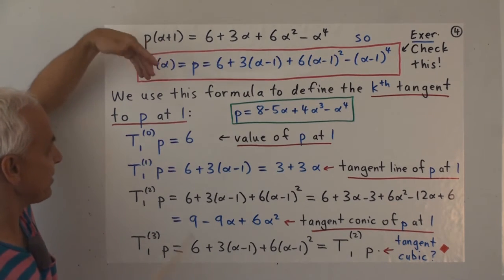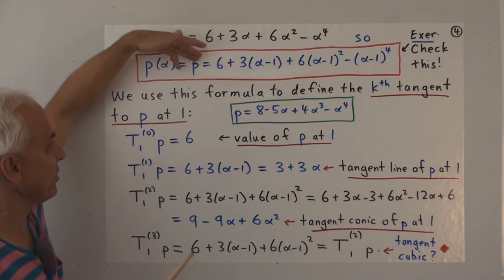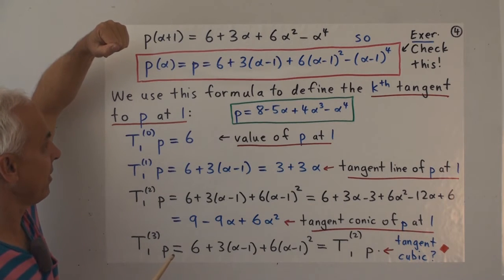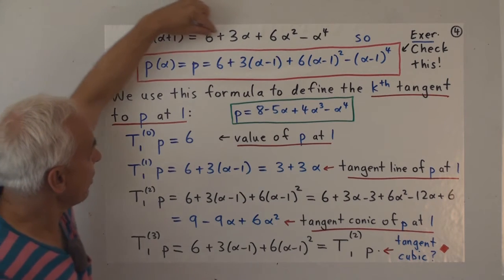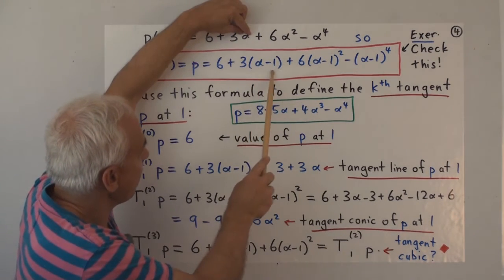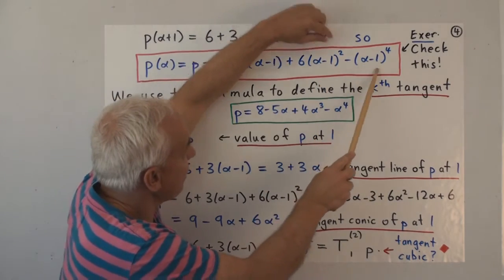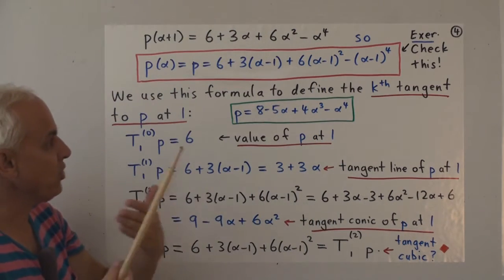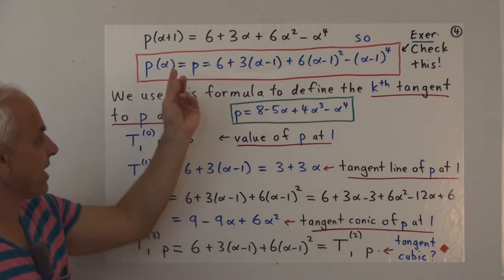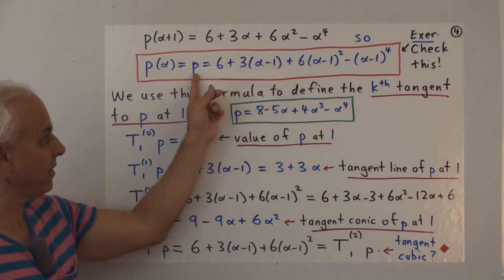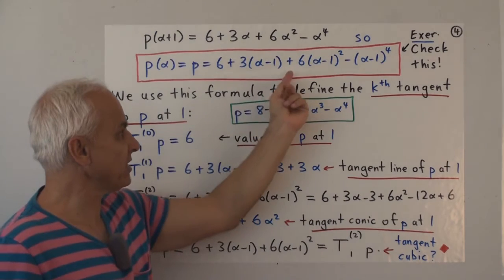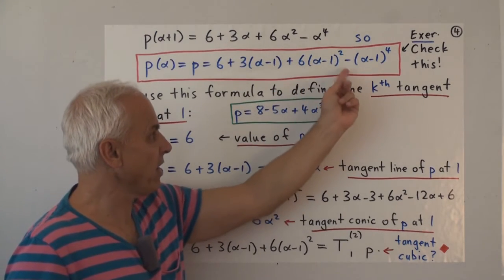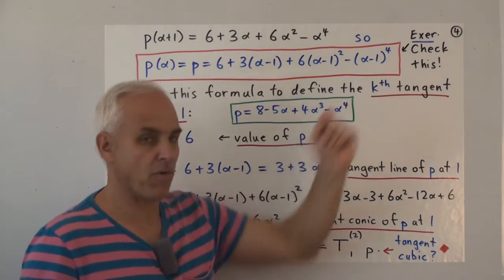So P of alpha is just the original Pauli number that we started with. When we replace alpha with alpha minus 1 here, we also have to replace it with alpha minus 1 here, and here, and here. So we get a new formula that says that the original Pauli number P is written as 6 plus 3 times (alpha minus 1) plus 6 times (alpha minus 1) squared minus (alpha minus 1) to the 4th.